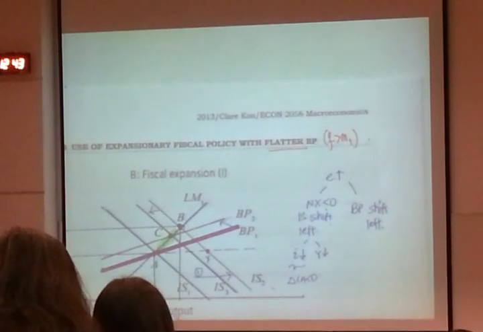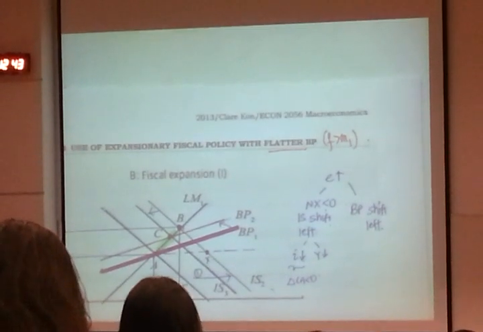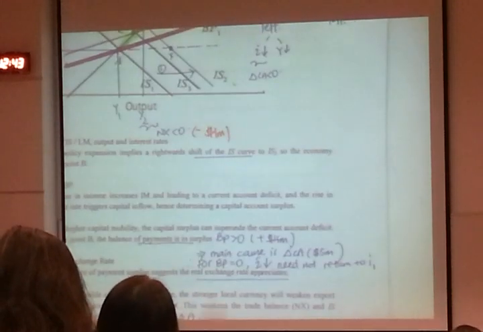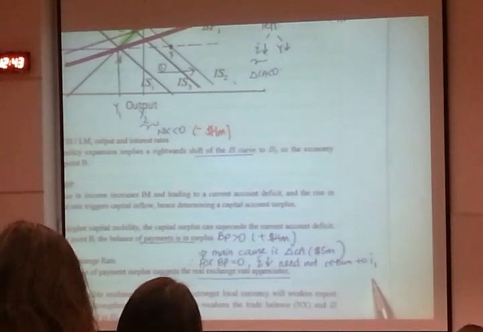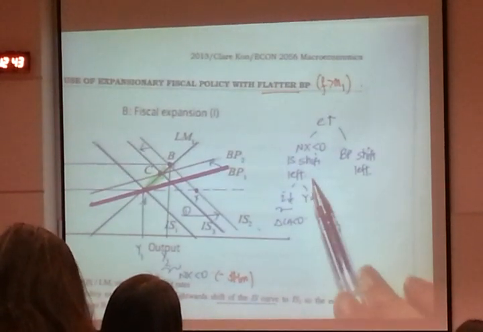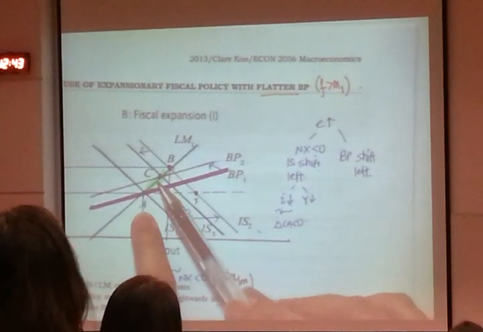So point C is not just a random fashion. It was explicitly known. First, you don't need to go back to I1. Two, it was explicitly known the flexible exchange rate will shift IS to the left.